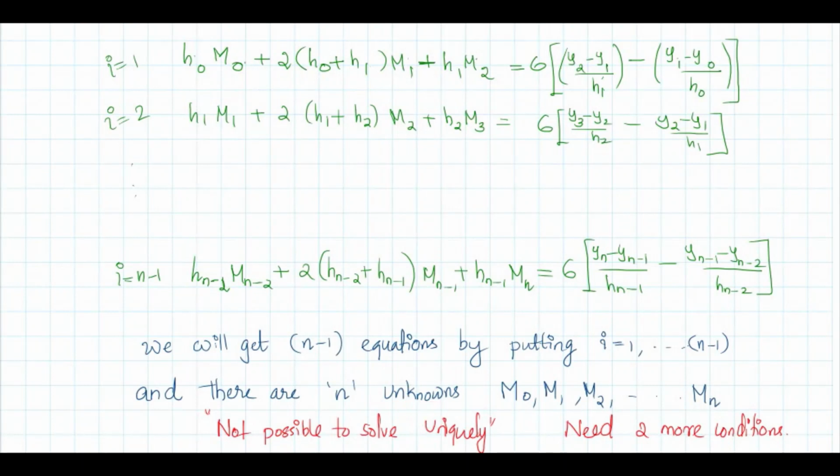There are only n minus 1 equations and we have n plus 1 unknowns. So it is not possible to solve uniquely. There is no unique solution. We need two more conditions, two more equations, and then only we can solve for these n plus 1 unknowns.